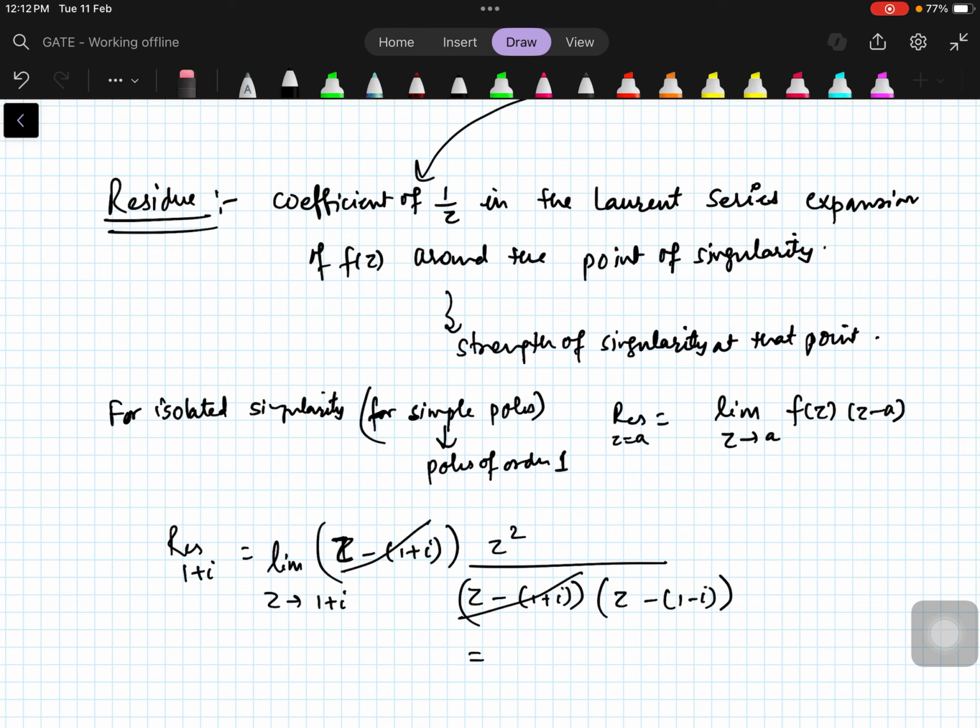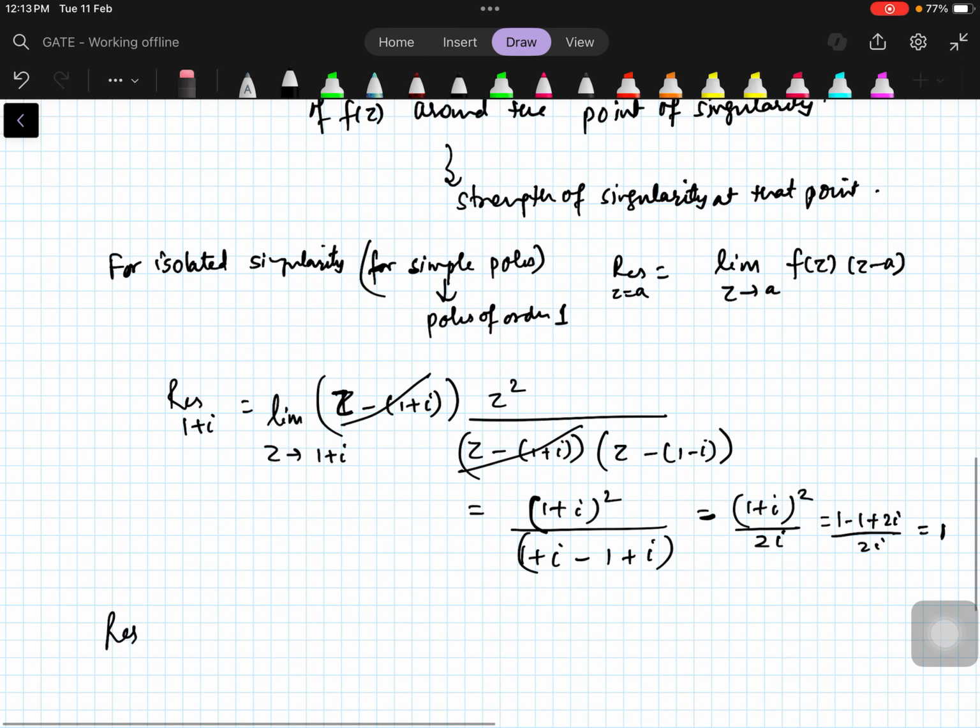So you get (1 plus iota) square upon (1 plus iota minus 1 plus iota), which is (1 plus iota) square upon 2 iota. You can just calculate it. So this will be 1 minus 1 plus 2 iota upon 2 iota. So the answer is 1.